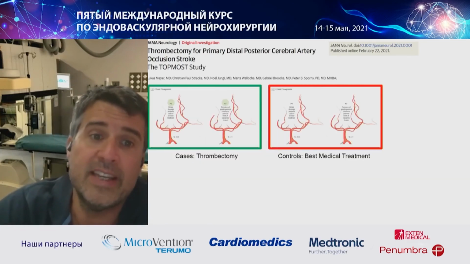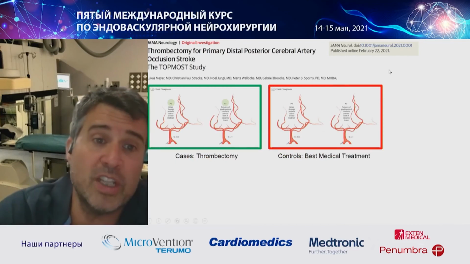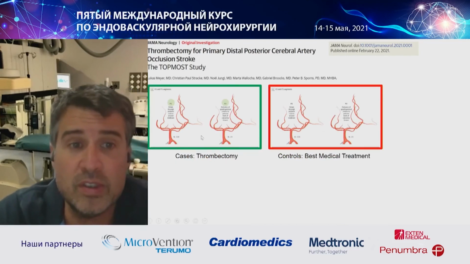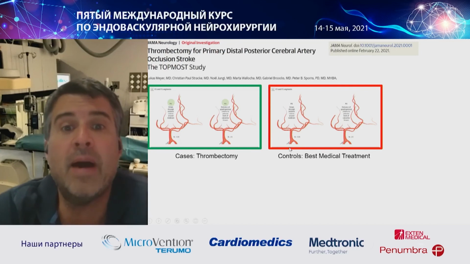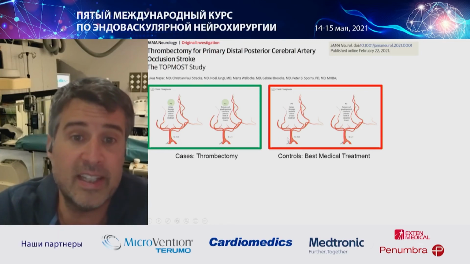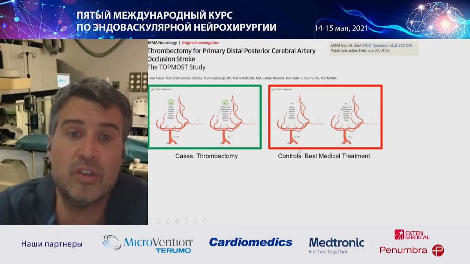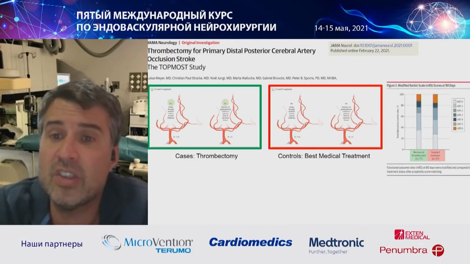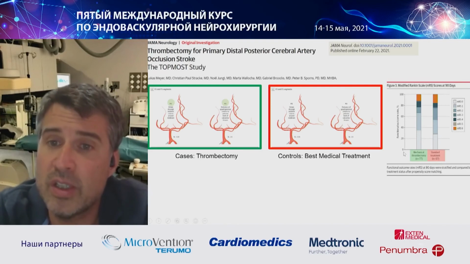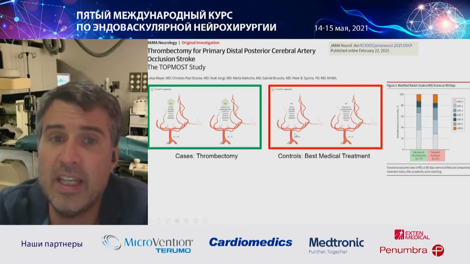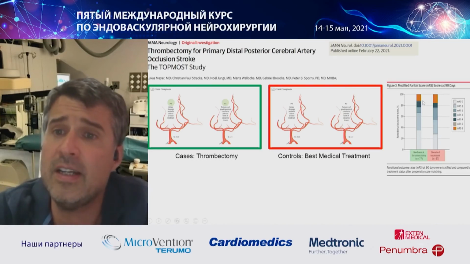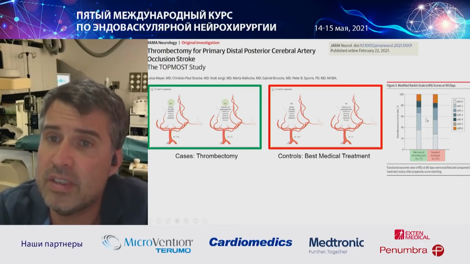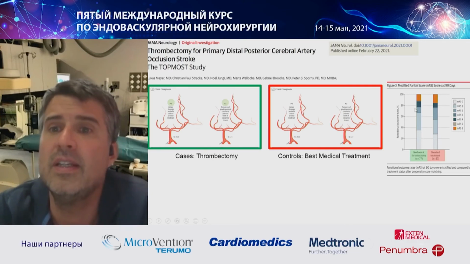Now, they did this study in which they compared patients with these occlusions that received thrombectomy with matched controls that did not receive thrombectomy, that only received best medical treatment. And here's the comparison in outcomes. The patients that received thrombectomy, even if the occlusion was distal, had slightly better outcomes.